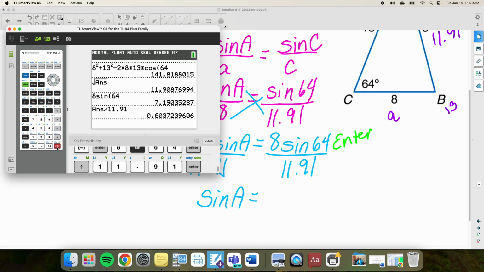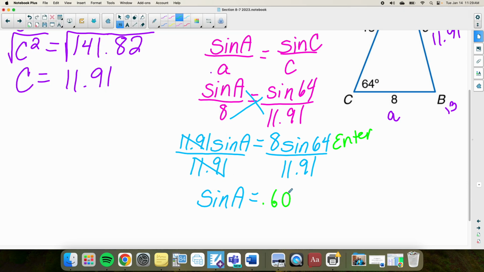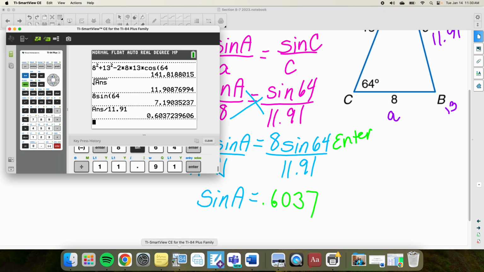All right, so here's how you're going to know that that is not your answer. Do you think you're going to get an angle that's 0.6 degrees? No, okay? Sine of A here is like 0.60, and we usually keep these out several places, but what I do instead is I just keep the whole thing out, and that is my sine of A. How would I find the angle if that's my sine of A?